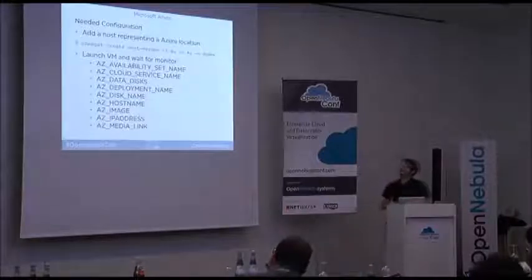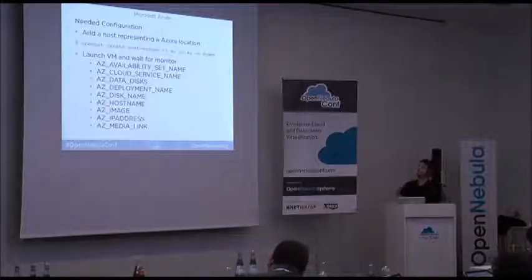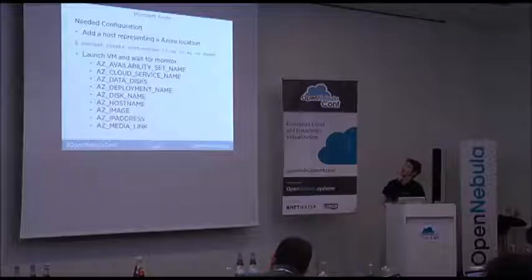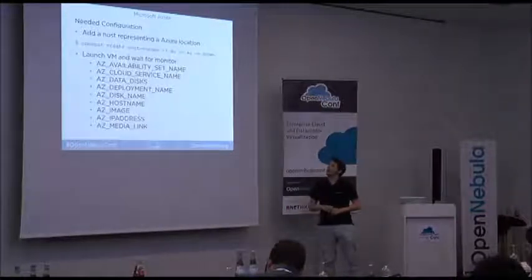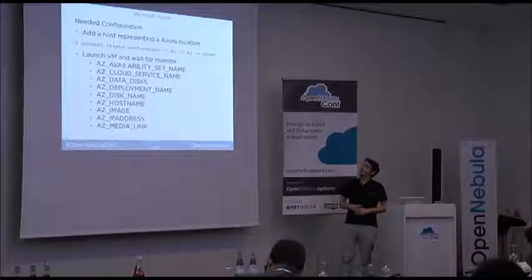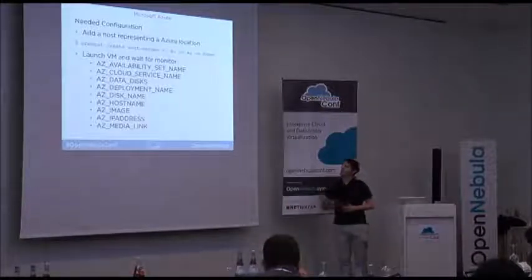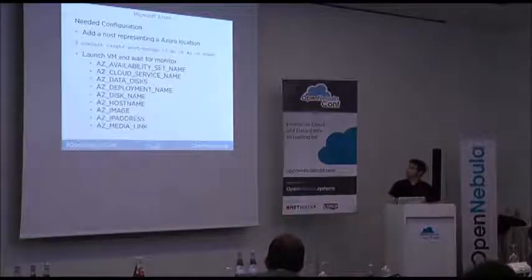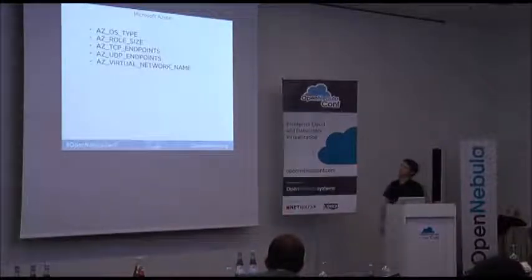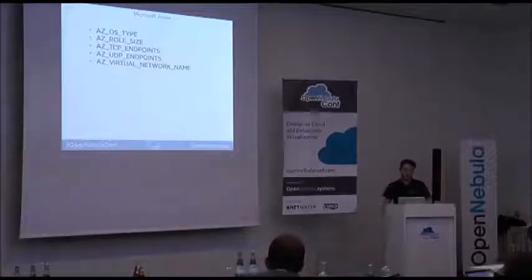Again, you add the host of your preferred region, and then you will get a set of different monitoring attributes. They are basically the host name, the IP address, the role size, for instance, the TCP open endpoints, and so on.